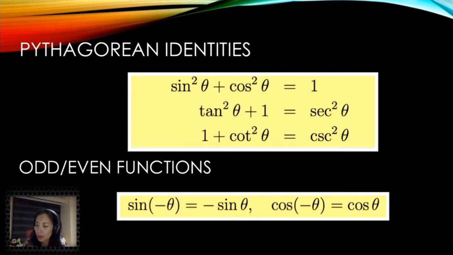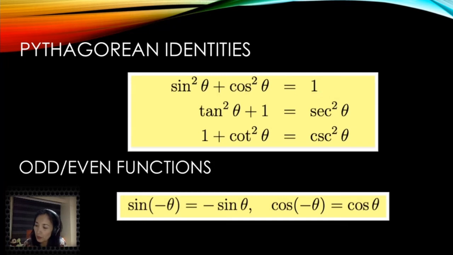And the two others are direct consequences, or could be obtained from the previous. For instance, to come up with tan squared theta, we can divide every term of the first identity by cosine squared.